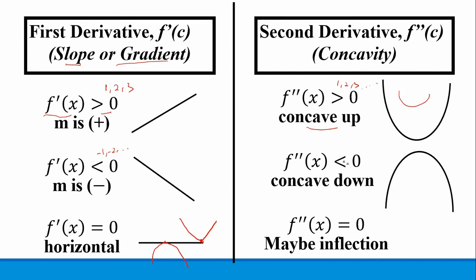But if it is less than 0, meaning -1, -2 and others, it is concave down. However, if f double prime of x is equal to 0, maybe it is an inflection point.